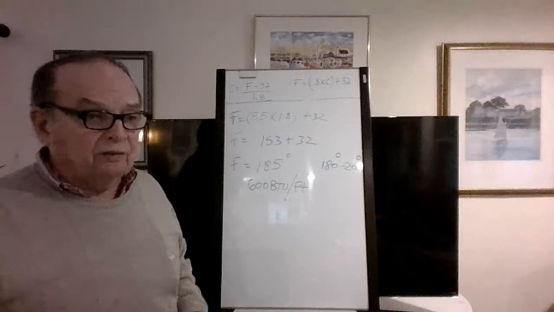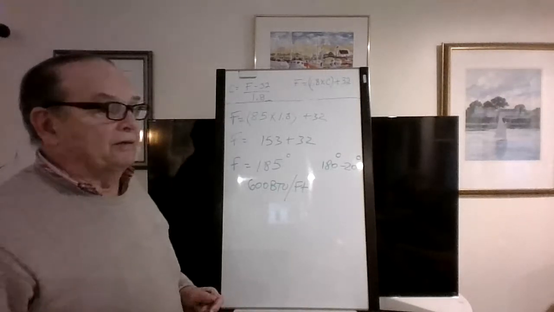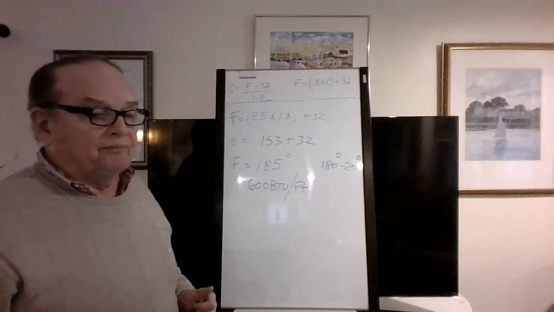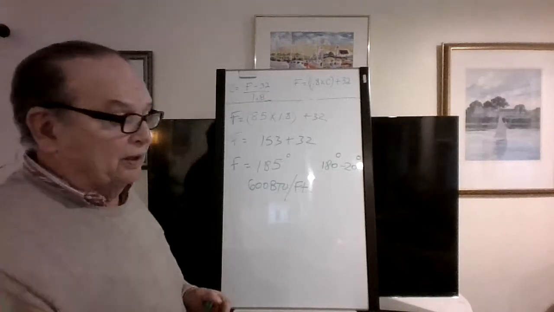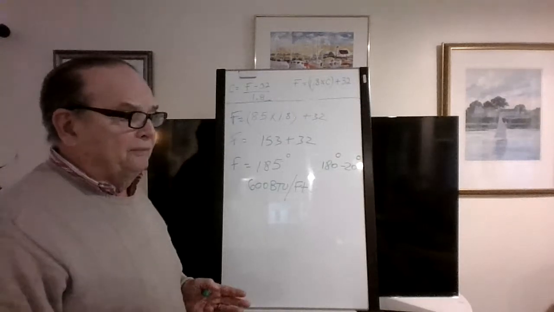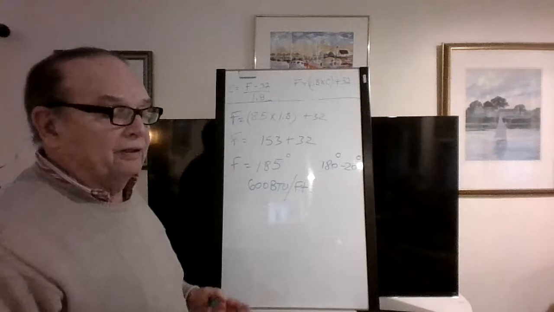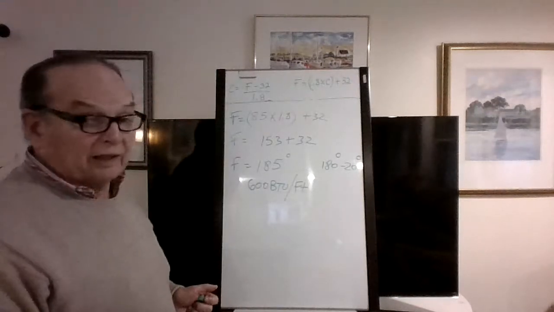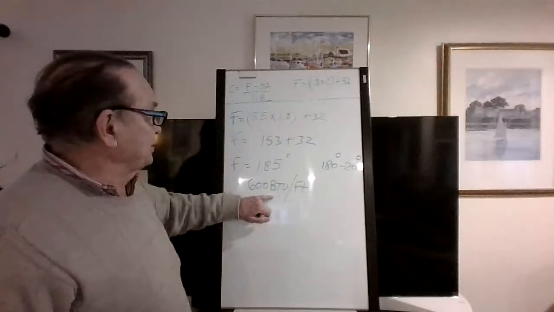Okay? Standard baseboard. High capacity might be around 700, 800 BTUs per foot. You have to look it up. I don't know if there's a standard in the industry. I'm not aware of it, but it's a lot more output. Like 8 foot of high cap might equal 11 feet of regular baseboard. We use it like in kitchens. Okay, so you get 600 BTUs per foot.